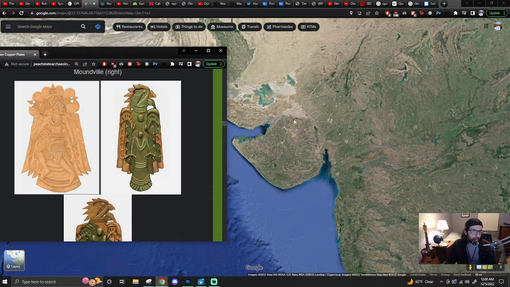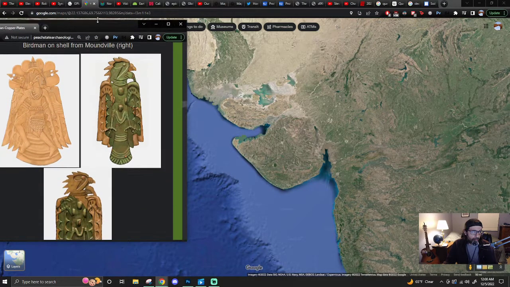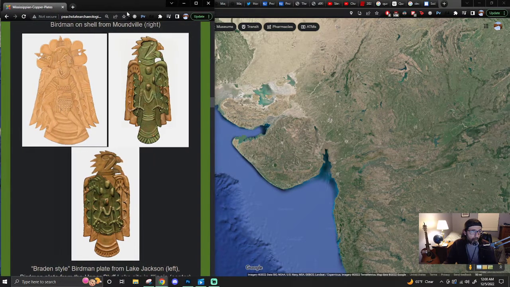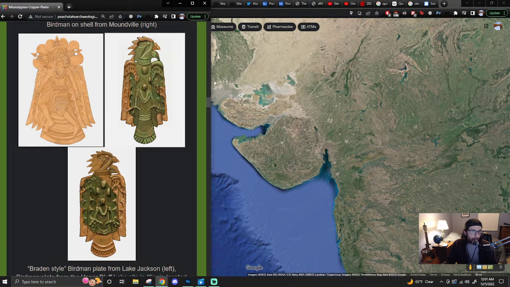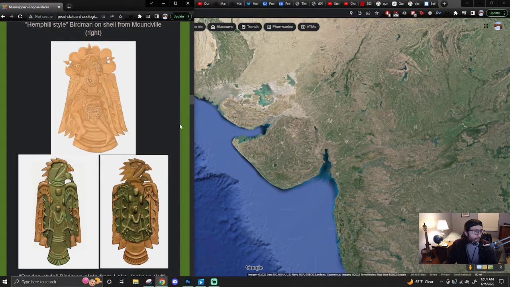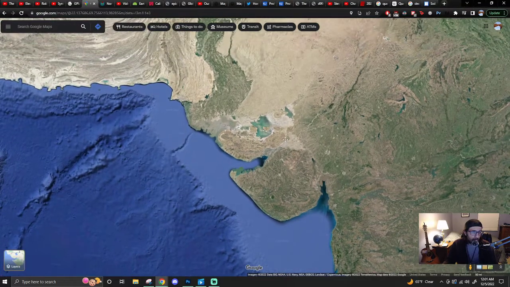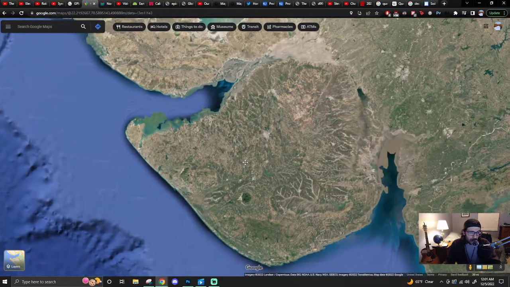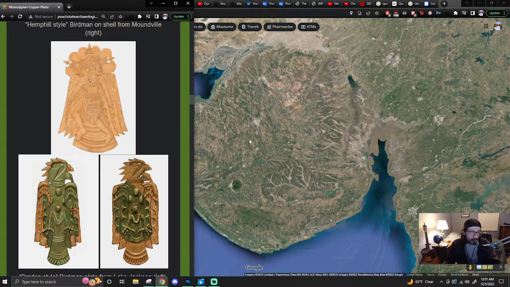Okay. So this was the first time I had seen this, at least thought about it. Maybe I've in passing come across the Birdman, but maybe not these specifically. But they immediately brought to mind this region, so we'll start with the head of Saurashtra.